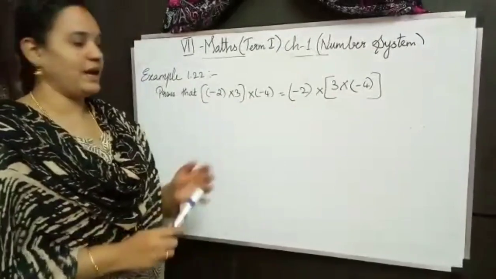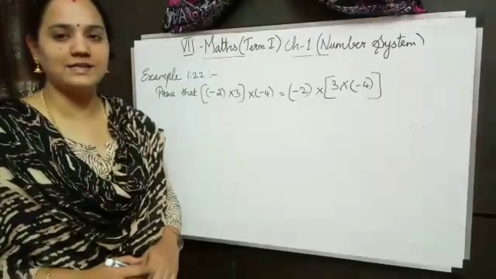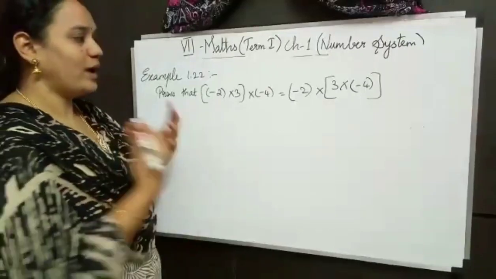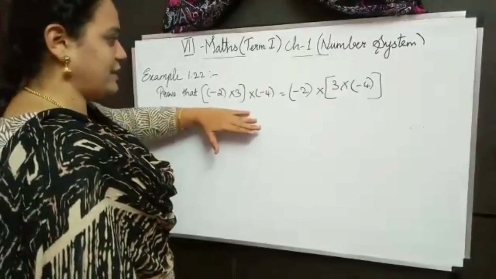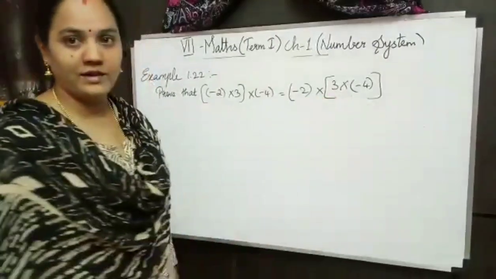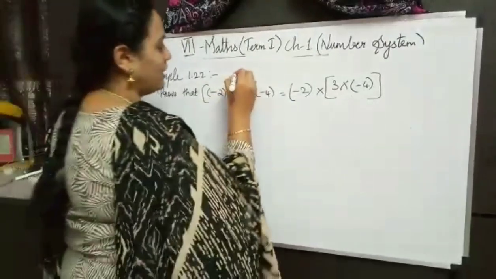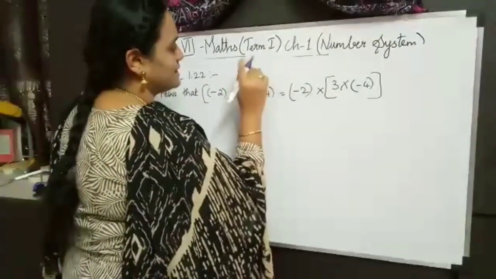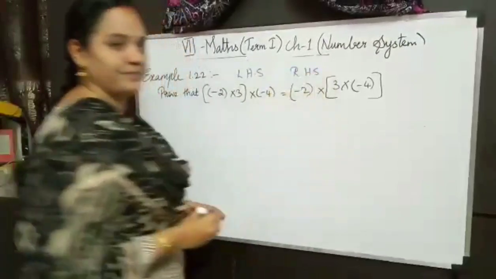So let me take this side as left hand side and this side as right hand side. While facing this, we can say that this is my left hand side and this is my right hand side. Am I correct? So same thing we will be following. In short, we can take left hand side as LHS and right hand side as RHS.